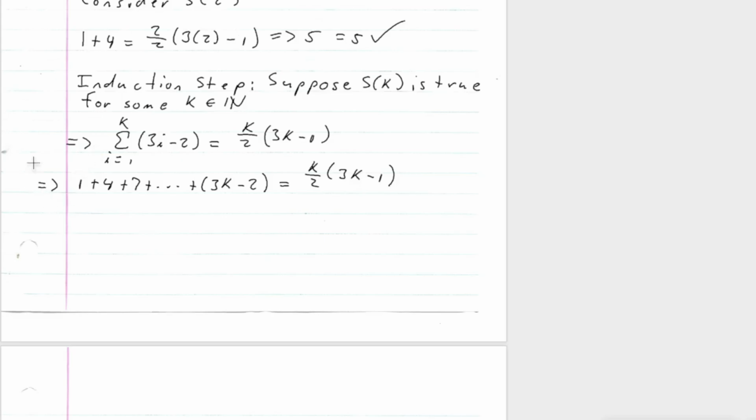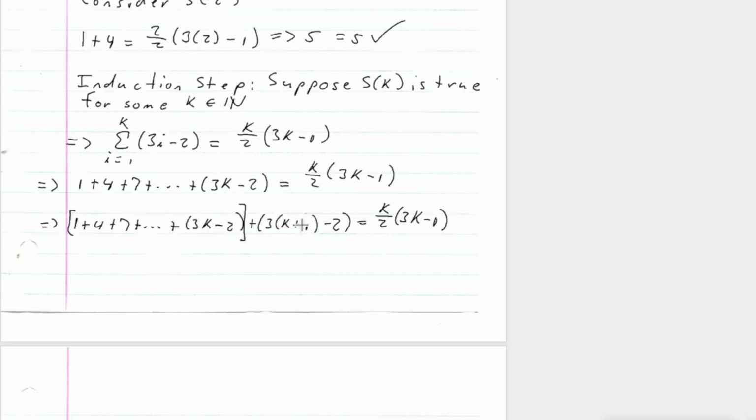So this implies that 1 plus 4 plus 7 plus dot dot dot plus 3k minus 2 plus 3 times k plus 1 minus 2 is equal to k over 2 times 3k minus 1, because that is the sum of these terms up to k.